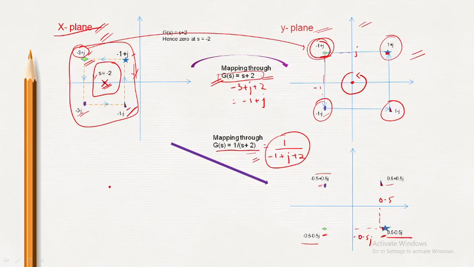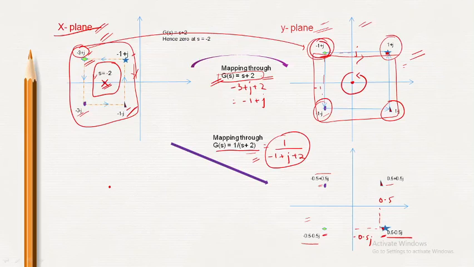In that case also, the contour that I would have gotten in the y plane, mapping through s plus 2, would have been in the same direction, clockwise. And the contour for mapping through 1 upon s plus 2 would have been anti-clockwise.